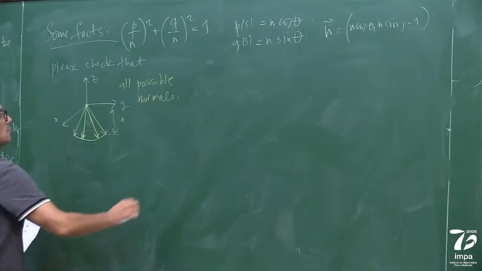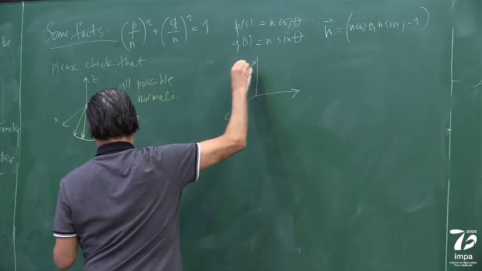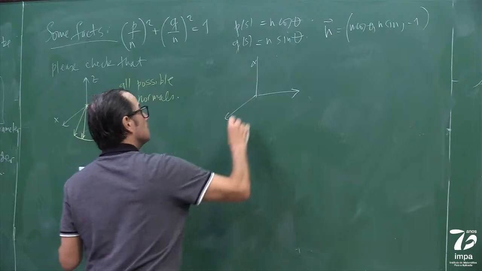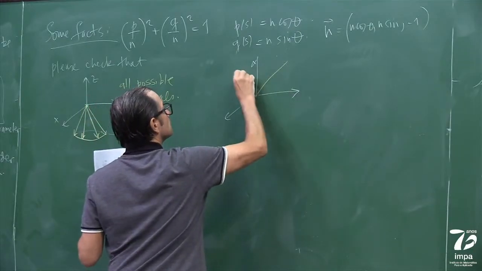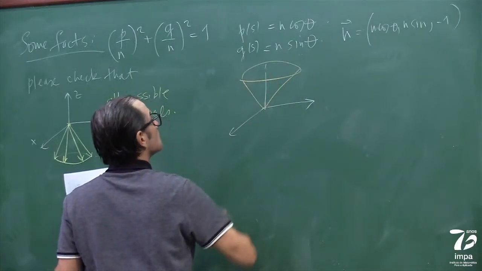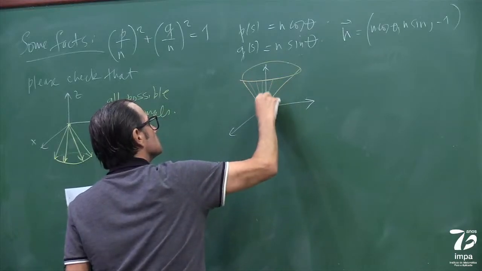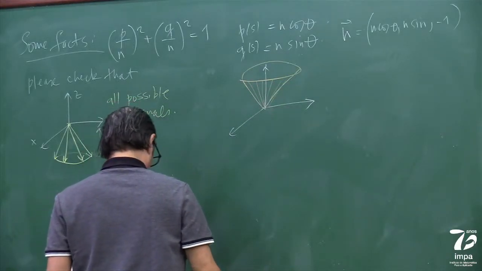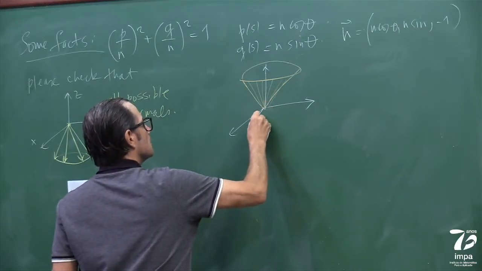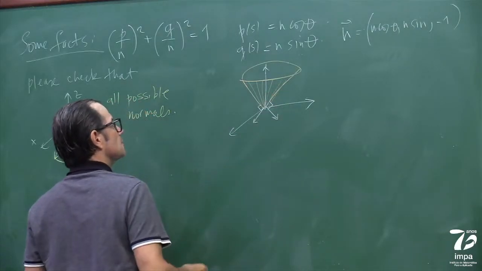And then convince yourselves that if these are all the possible normals, then, in another color, with say a normal here to this guy, normal there to that guy that we drew like this, and this is the Monge cone.